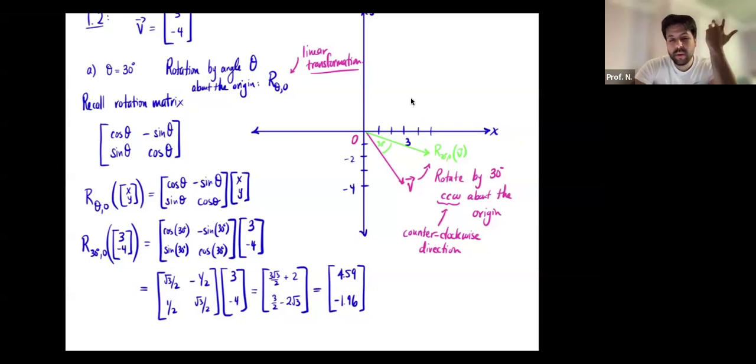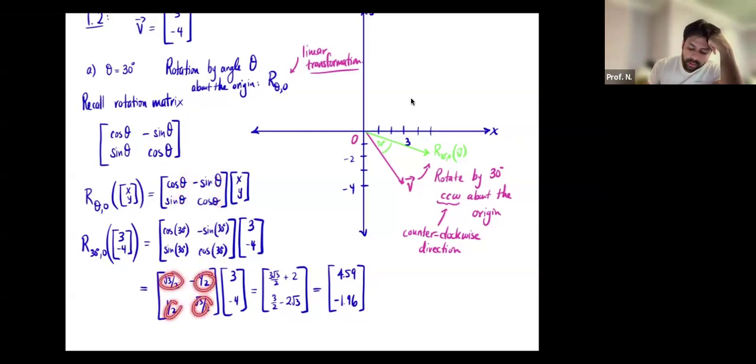And then if you want to do B and C, it's the same process. What's going to change are the thetas. If the thetas change, then these numbers change. But the process of finding the result is just left multiplication by that matrix. So it's just more computation.